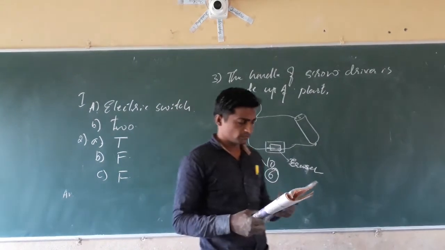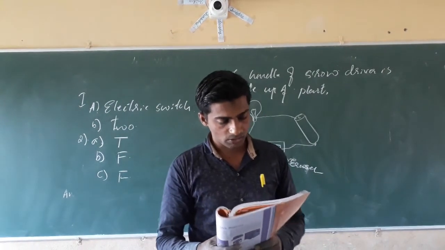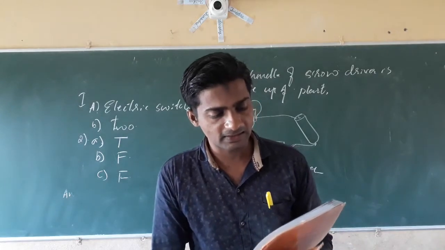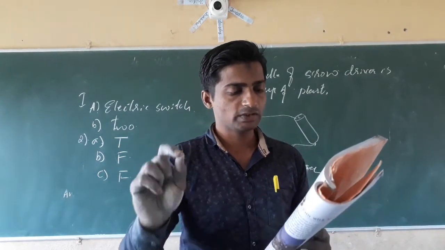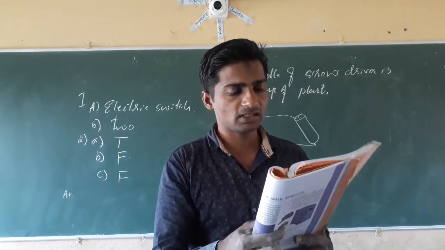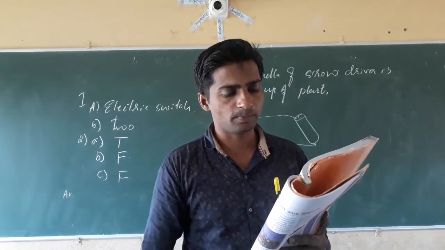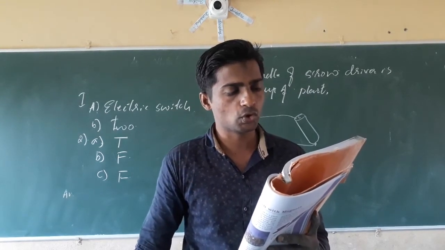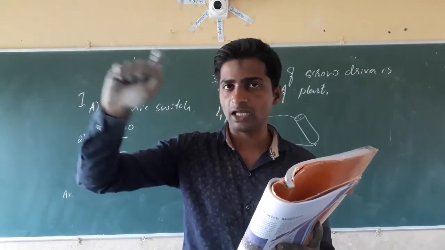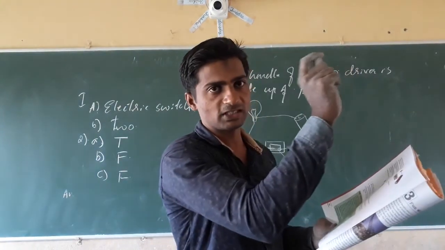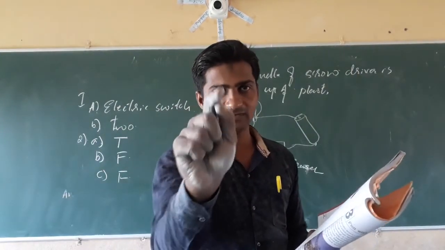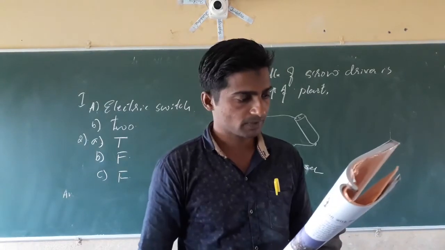Next, dear students, eighth one. Using the conduction tester on an object, it was found that the bulb begins to glow. With the help of the conduction tester, we identify the presence of electricity.